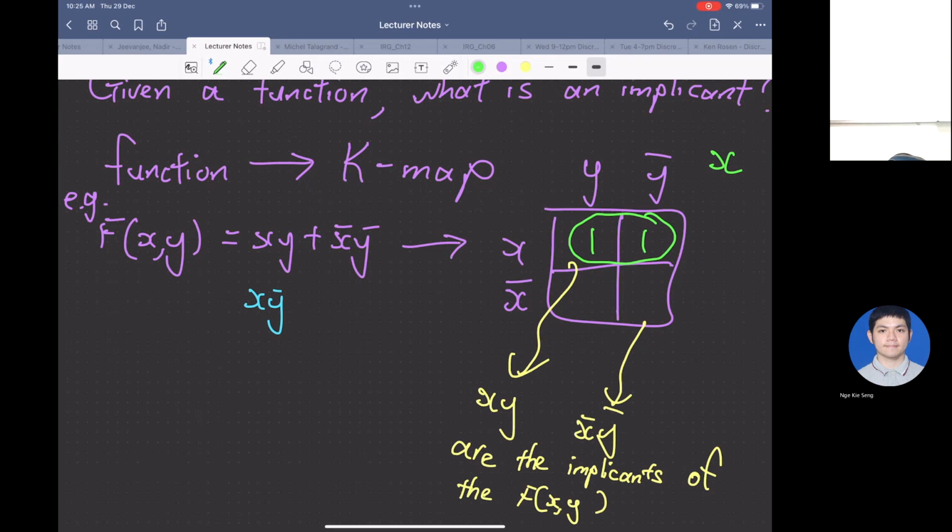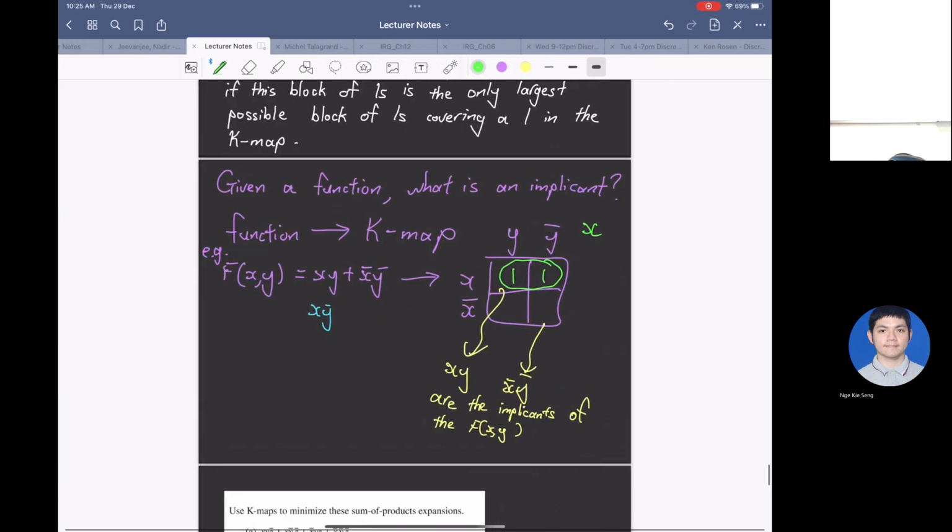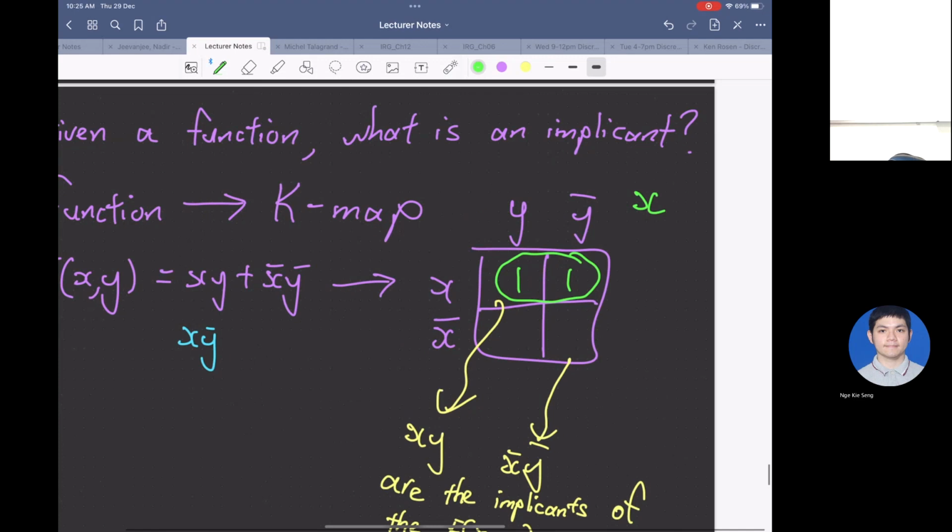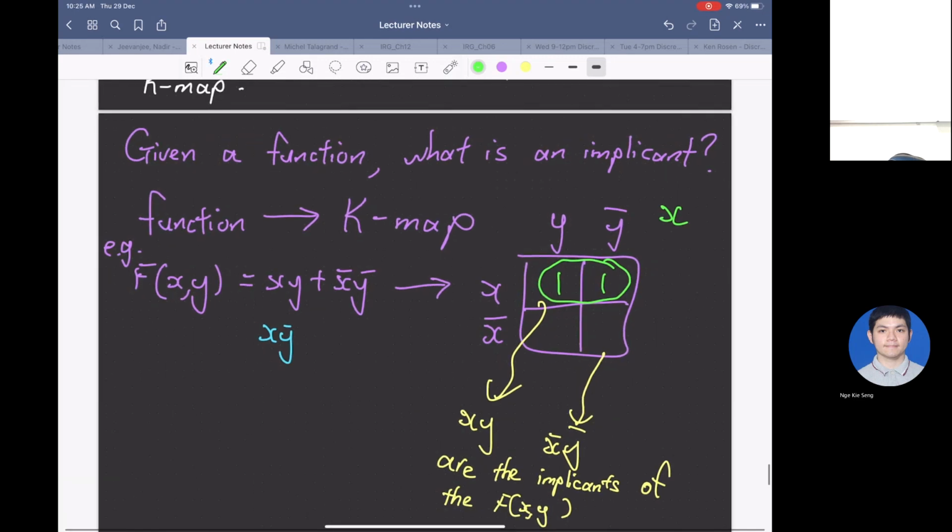Right, write the implicant term. Yeah, it's the easiest way. Writing the implicant term is the easiest.